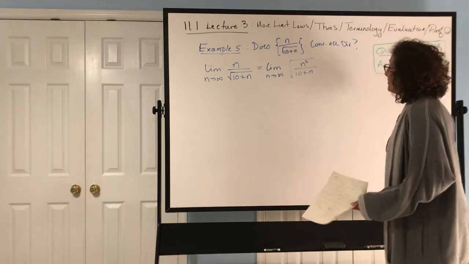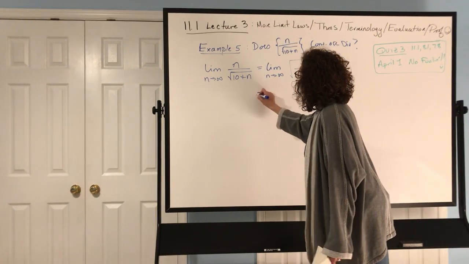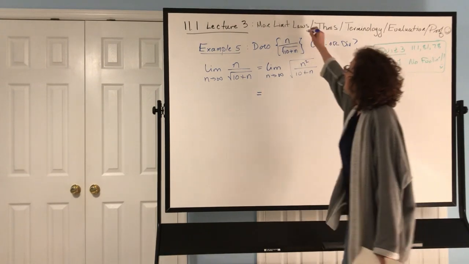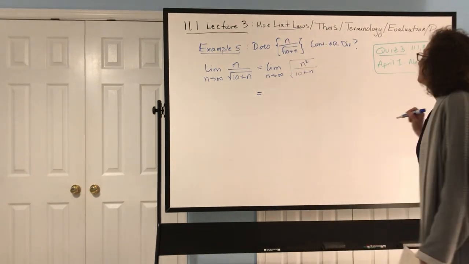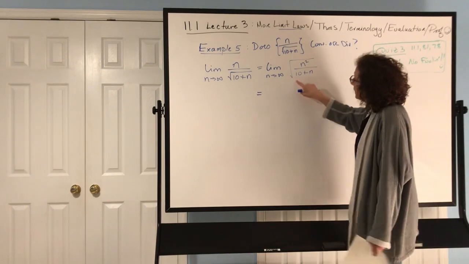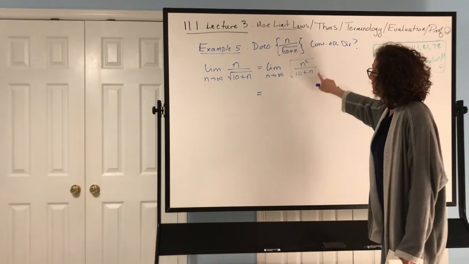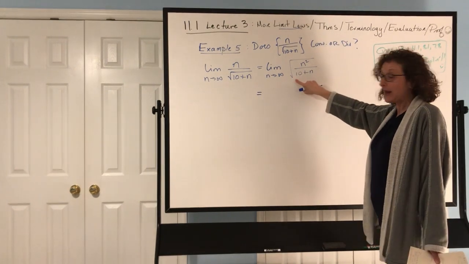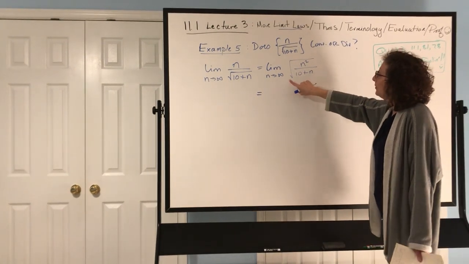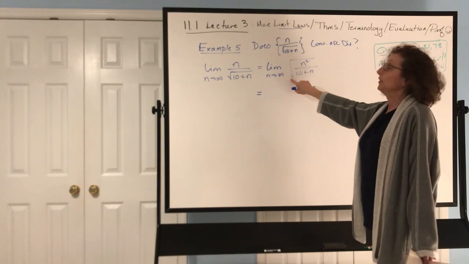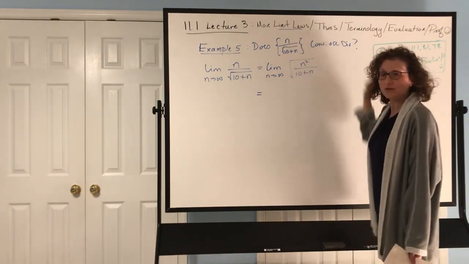Okay, so now what can I do? Here we're going to highlight one of the other limit laws that are in the box that I told you to pay attention to. Here we can think of this in two different ways. One, this is actually the limit as n goes to infinity of this function to a particular power. The power, what is the square root power? Good, 1/2. So that's that to the 1/2.